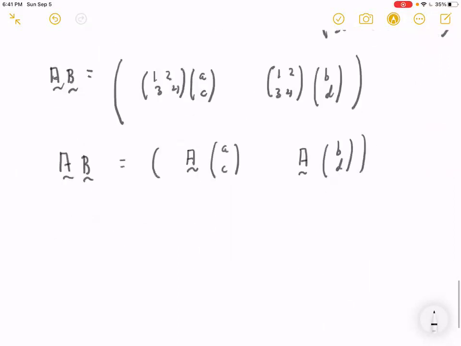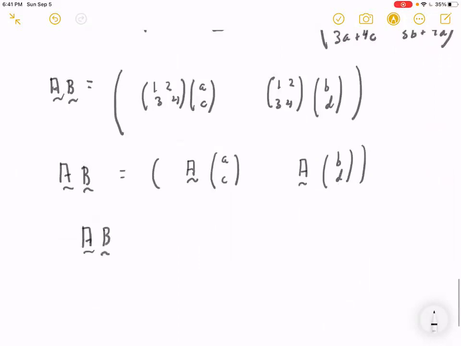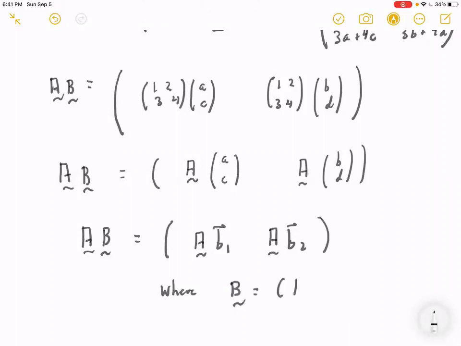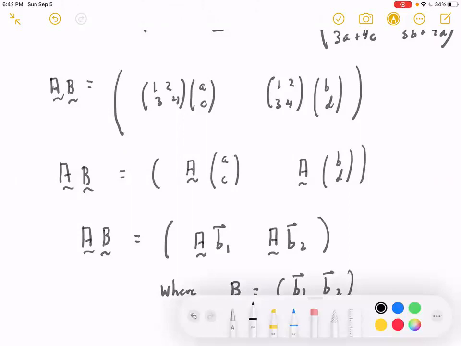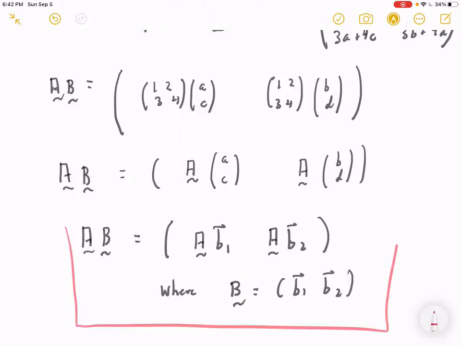Ultimately, the product of A and B is a matrix whose first column is A times B sub 1, and whose second column is A times B sub 2, where B is a matrix that has two columns, B sub 1 and B sub 2. This is a neat little thing to recognize, and we're going to use it subsequently.